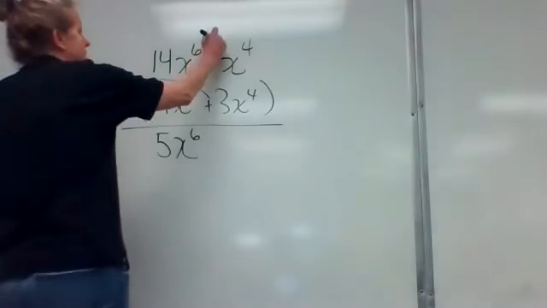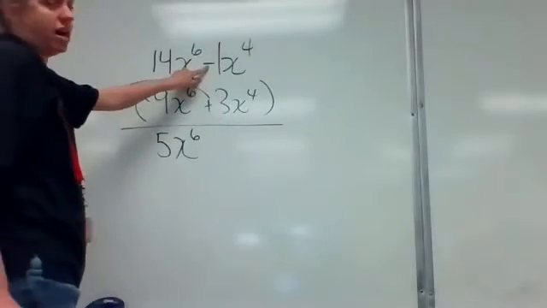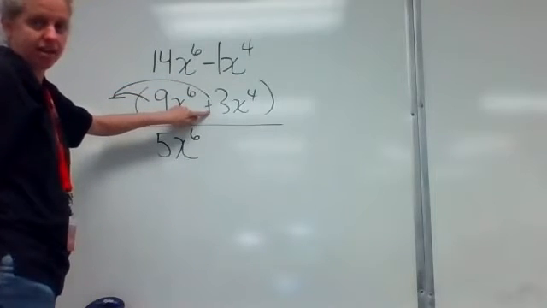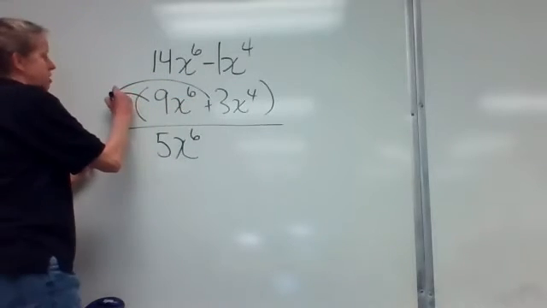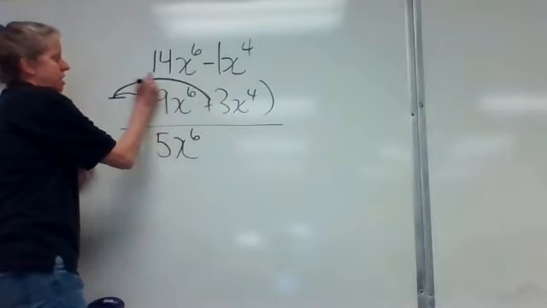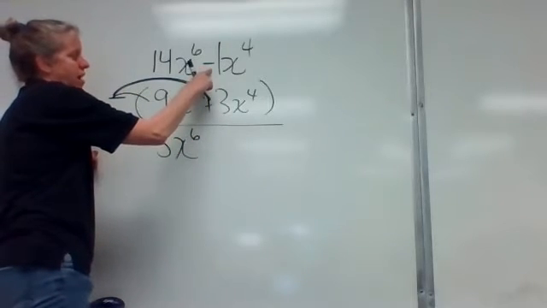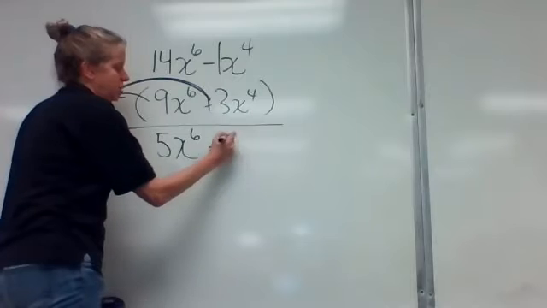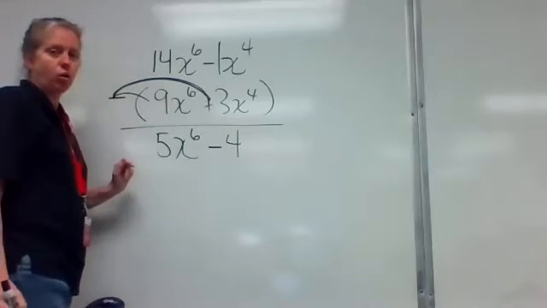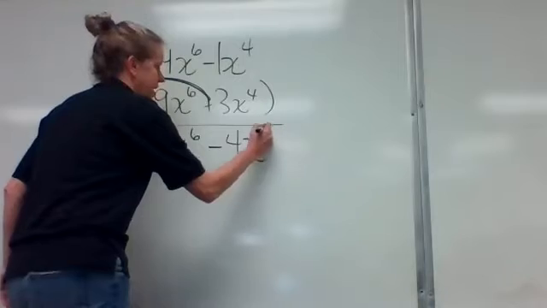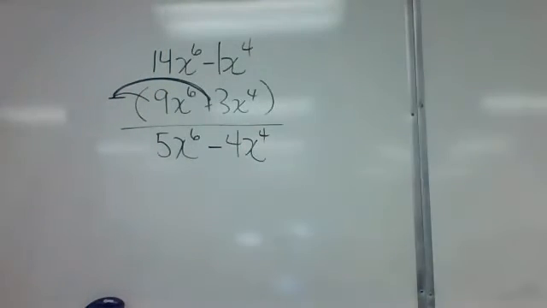So I've really got here, up here, I've got negative 1 minus 3. So make sure that you know that this minus also comes here and changes this sign to a minus. So you've got negative 1 minus 3, which gives me negative 4. And what do you have negative 4 of? X to the 4th.